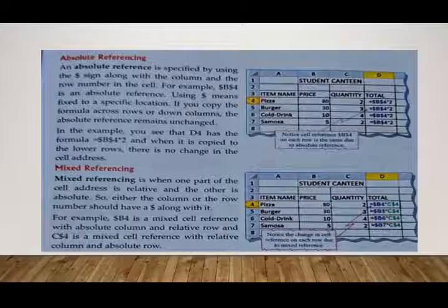Here only the column part contains the dollar sign. The next example, B$4: here the column part is relative and the row part is absolute. Here only the row part contains the dollar sign. So these are the three types of cell referencing.